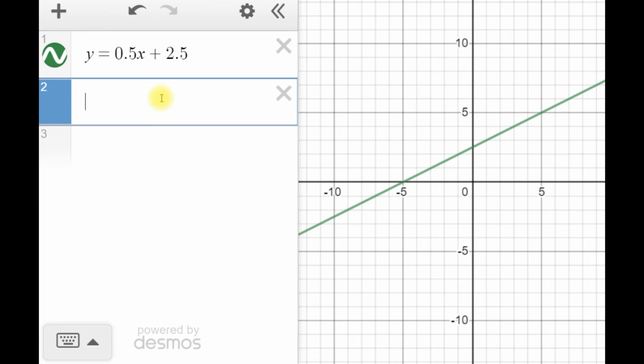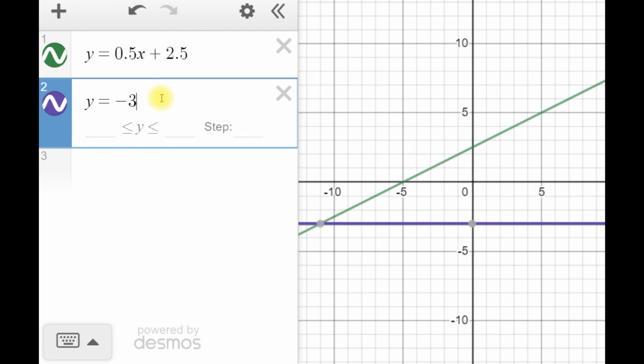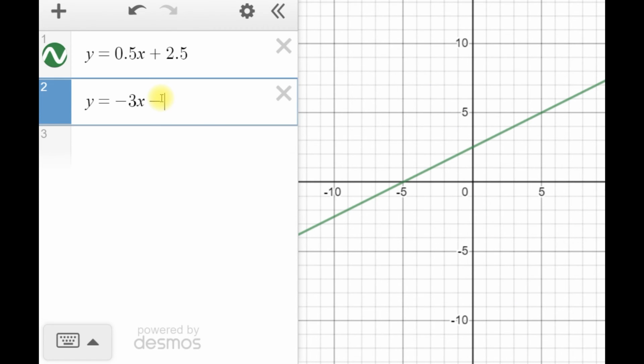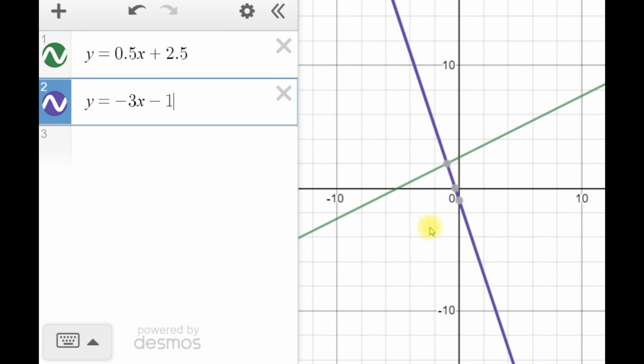And our second line will be y is equal to minus 3x minus 1. So as we can see, each of our simultaneous equations, each equation in our pair is really showing a straight line. It's a graph of a straight line.